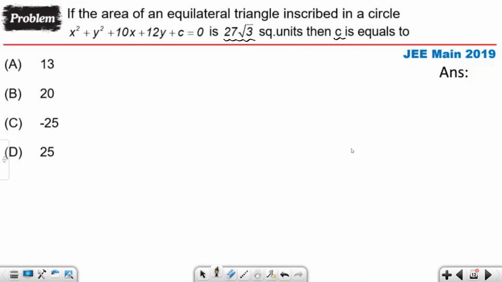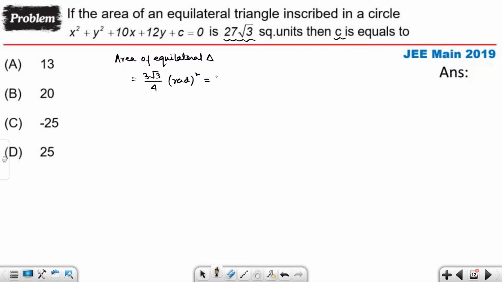So area of the equilateral triangle inscribed in the circle is this, then find C. See how simple it is if you know the formula. What is the area of the equilateral triangle? 3 root 3 over 4 into radius square, and that's exactly what they have said.